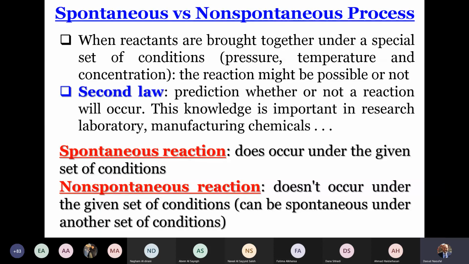The reaction from A to B is impossible, so in the given conditions it is non-spontaneous. If you put an external effect, a catalyst, sometimes this reaction will occur. So you transform a non-spontaneous reaction, with an external effect, to make it spontaneous. A spontaneous reaction occurs automatically without external effect in the given conditions. A non-spontaneous reaction in the given conditions does not occur or is impossible.